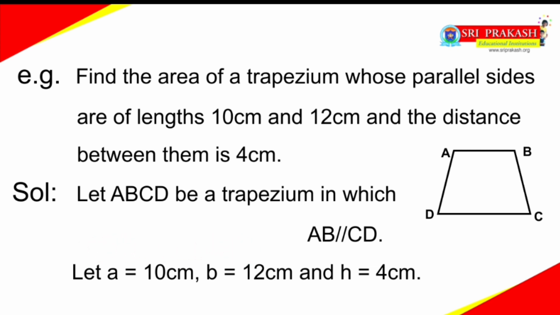Next, b is equal to 12 centimeters. And the distance between the parallel sides is given as 4 centimeters, which is nothing but h is equal to 4 centimeters. Now we need to find the area of a trapezium by using these three measurements.